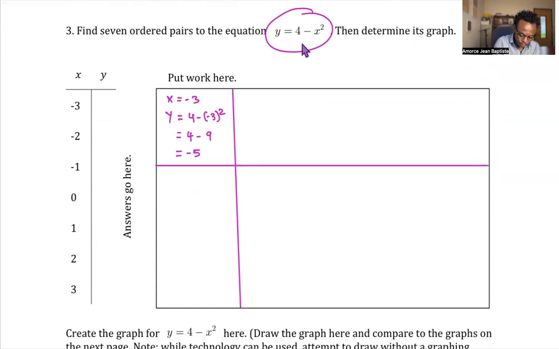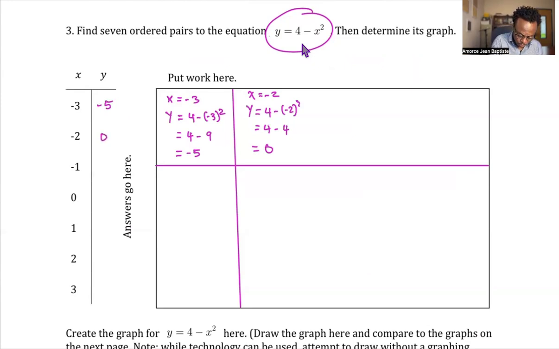So we have x equals -2. y is going to be 4 minus -2 squared, which is 4 minus 4, that is 0. So we have -5 for y when x equals -3, and then 0 when x equals -2.